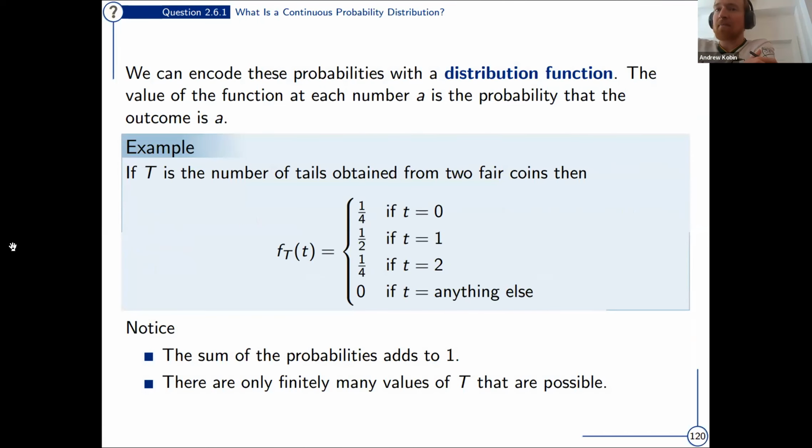So to make things more mathematical, we can encode probabilities with something called a distribution or a density function. I'll use all of these terms interchangeably, and now when I say function, I'll typically be referring to this type of function. So what is a probability distribution function? In simple terms, a function like this describes, at each input or each potential outcome, the probability that that outcome occurs.